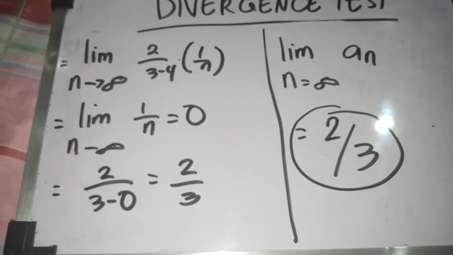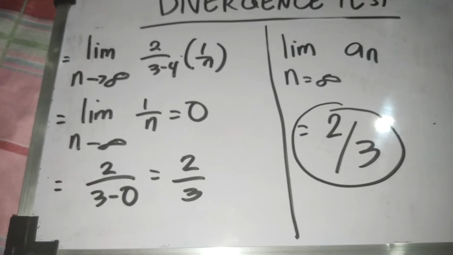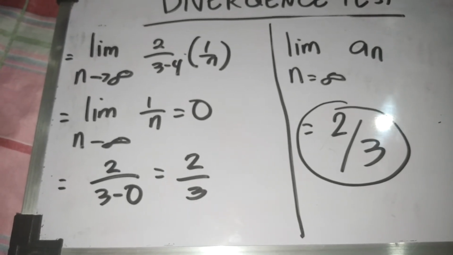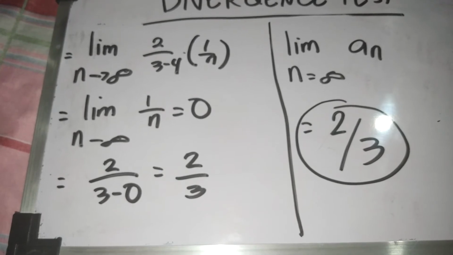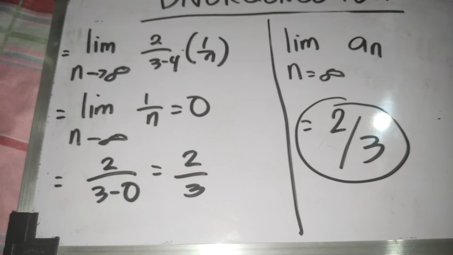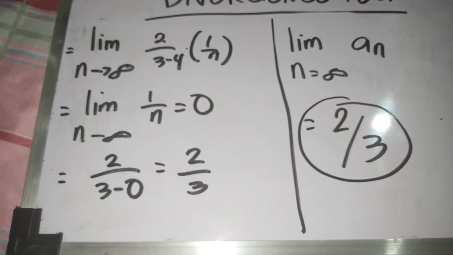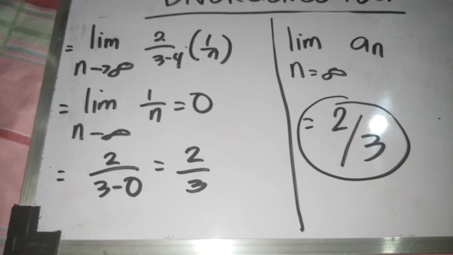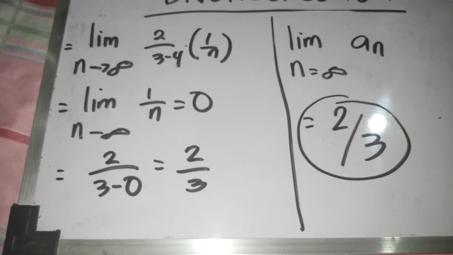And so this is going to be 2 divided by 3 minus 0. So it's 2 over 3. Therefore, the limit as n approaches infinity of the sequence a sub n does not equal 0. In fact, it's equal to 2 over 3.